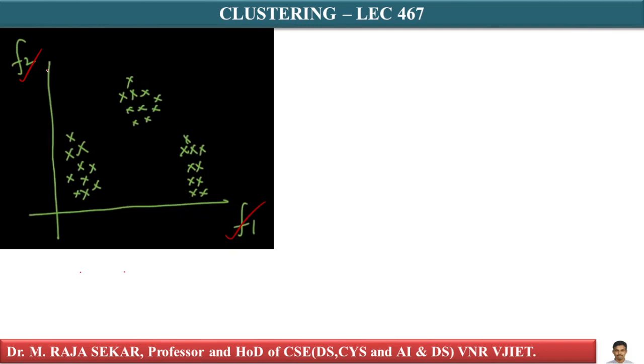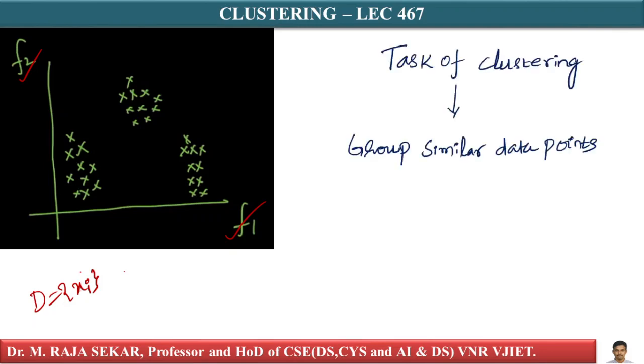No yi's, isn't it? Just given capital D equal to xi, a bunch of points. Now, if you have data like this, the task of clustering is to group similar data points. What similar means, we will come to that in a while.